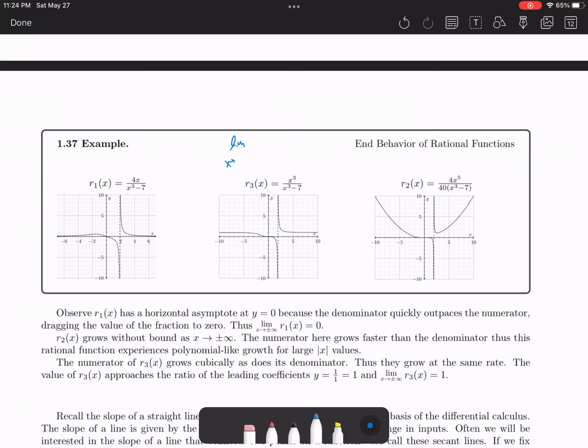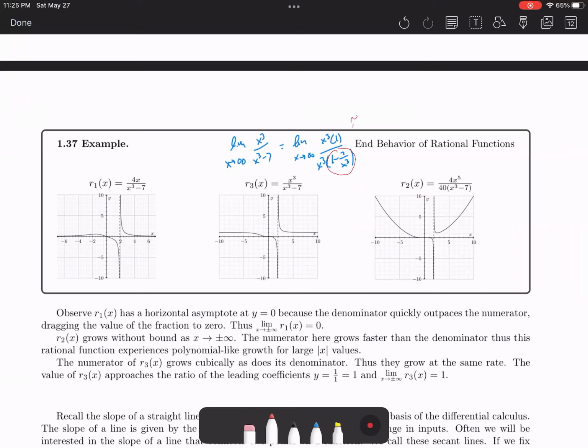Limit as x gets larger and larger, x cubed over x cubed minus 7. We'll do the exact same trick and pull out the most powerful term from numerator and denominator. And for all the same reasons, as x gets larger and larger, this parentheses approaches the value of 1.